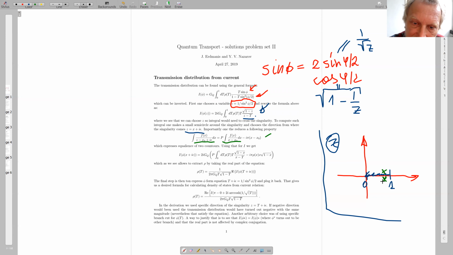The sign here would change if epsilon is positive.